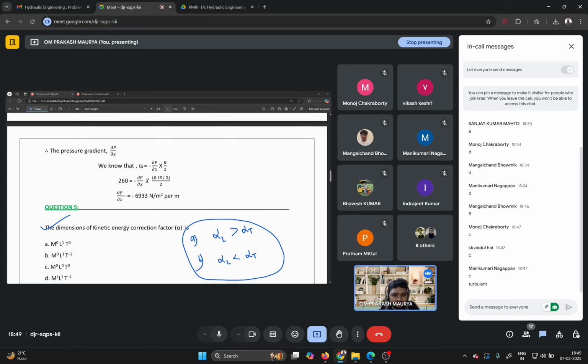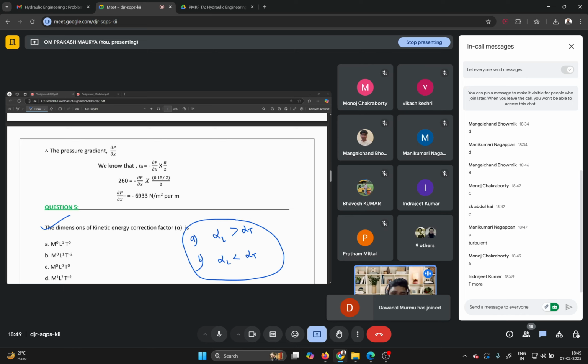Okay, one student is telling option A. Okay, you are telling that for laminar will be more. Manoj is telling for laminar will be more, and Mani Kumari is telling option B, that is for turbulent will be more.